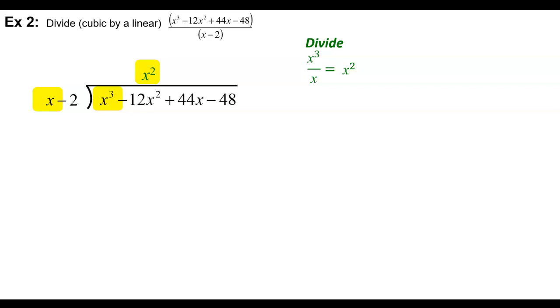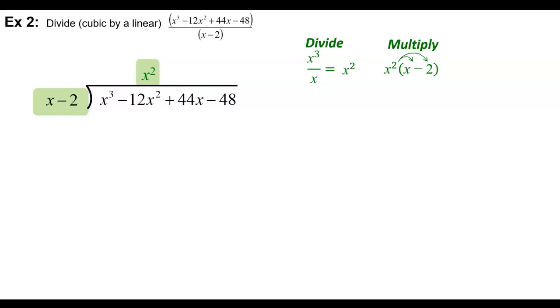Okay. Now, everybody, we did the first step. We divided. Step 2, we're going to multiply x squared times the divisor, x minus 2. So off to the right, you can go and put a little multiply section. So I'm going to do x squared times x minus 2. So let's distribute. What's x squared times x?